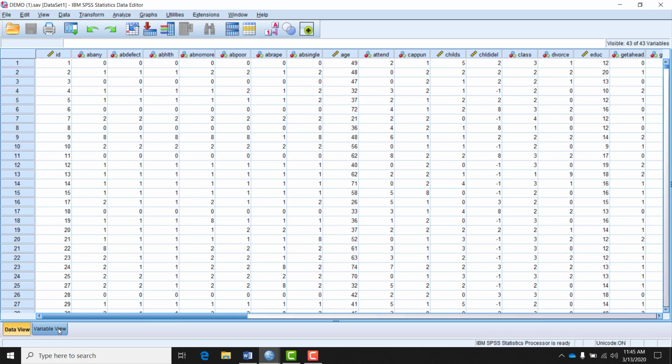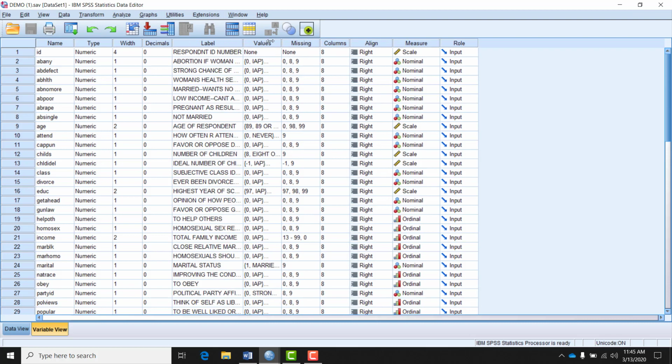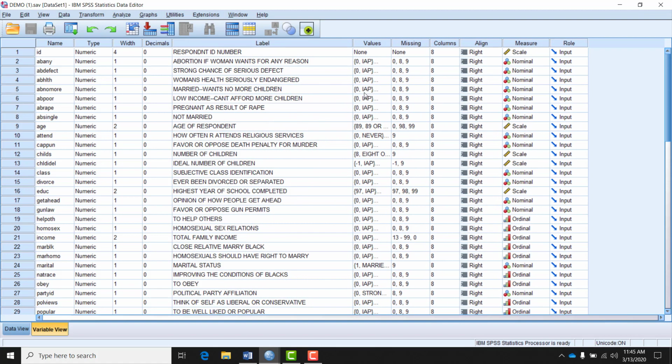Now, this is the data view. Here's the variable view. All right, here you have your variable names, the labels, which in the GSS, the General Social Survey, usually is the question itself. We have values, so on, so forth, right? One point that I would like to make right here looking at this variable view, look over here at the measure, right?